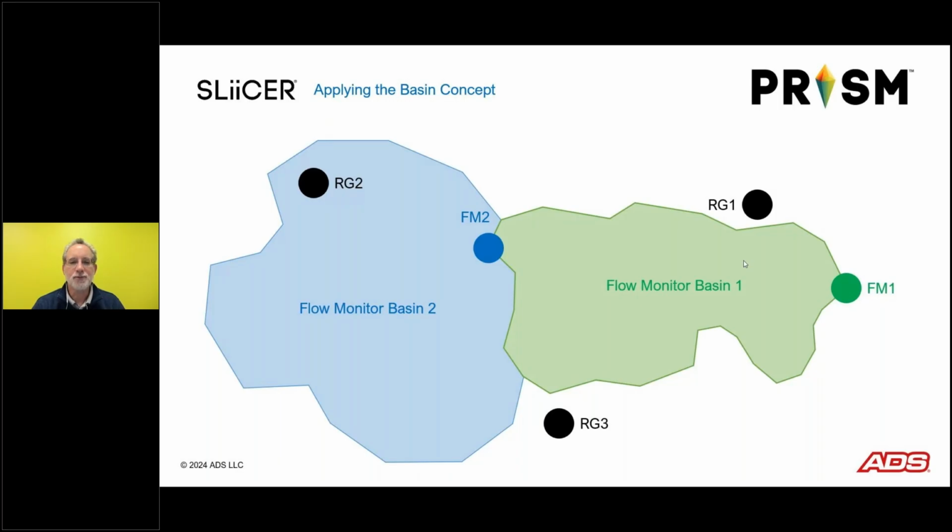If I wanted to pick the closest rain gauge, the closest rain gauge to the center or the centroid of basin 1 is RG1, and the closest one to flow monitor basin 2 is RG2. I could also do some more sophisticated weightings where I weight the values from these gauges differently based on how far away or how close they are to the center of these basins.